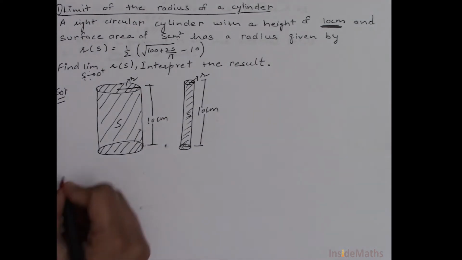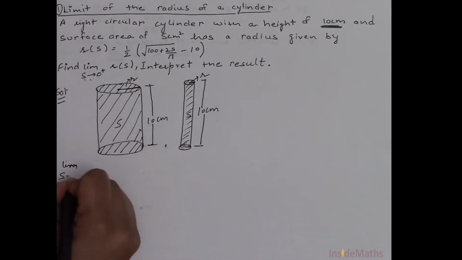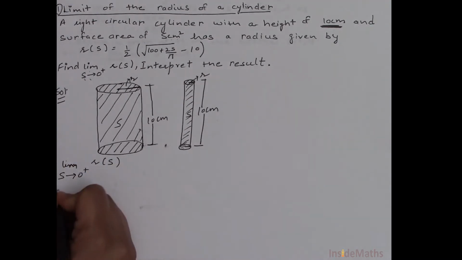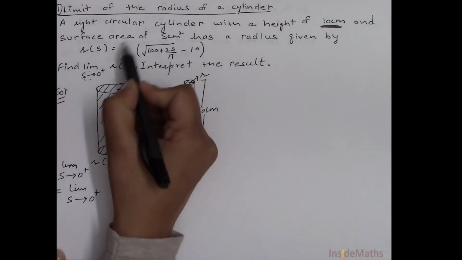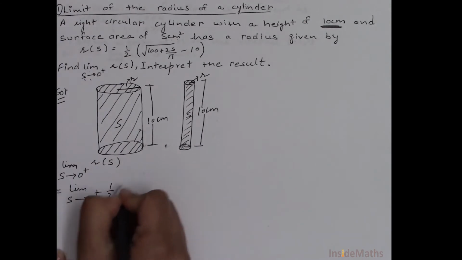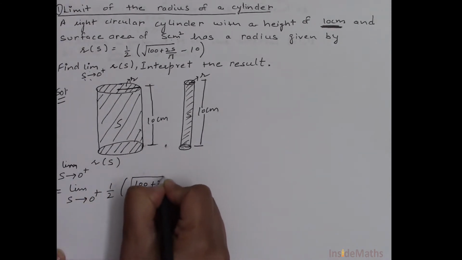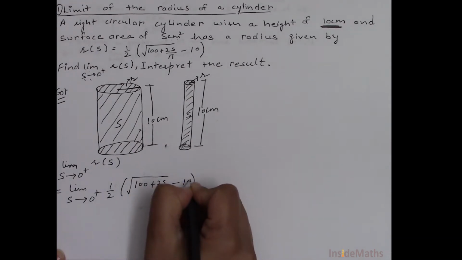Let's do it analytically. We have to find limit s approaching to 0 positive r of s, which is equal to limit s approaches to 0 positive 1 by 2 root 100 plus 2s by pi minus 10.